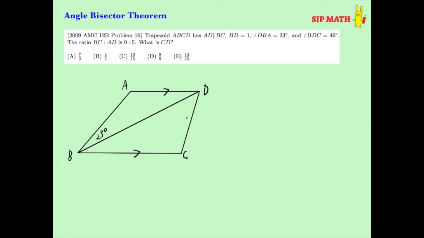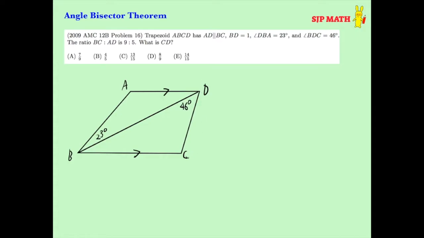And the ratio of BC to AD is equal to 9 to 5. So keep that in mind too. So the question is asking for the length of line segment CD.